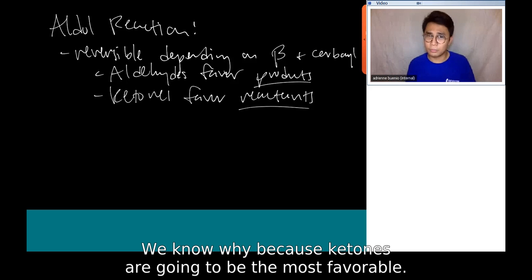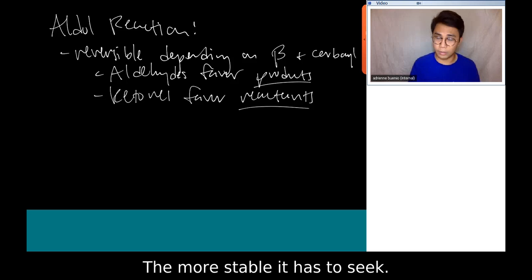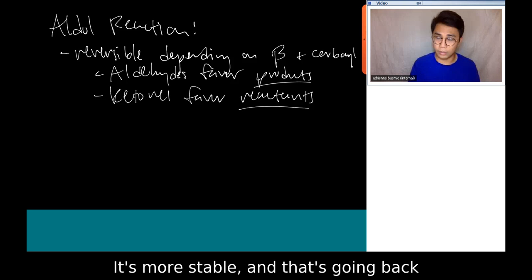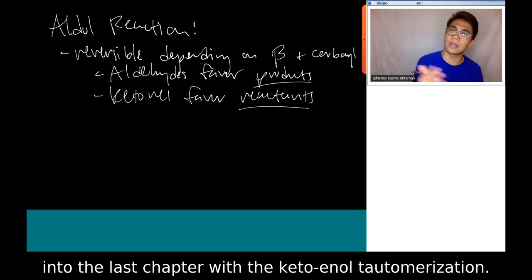So no big deal. We know why, because ketones are going to be the more favorable, the more stable. And that's going back into the last chapter with the enol, with the keto-enol tautomerization, right?